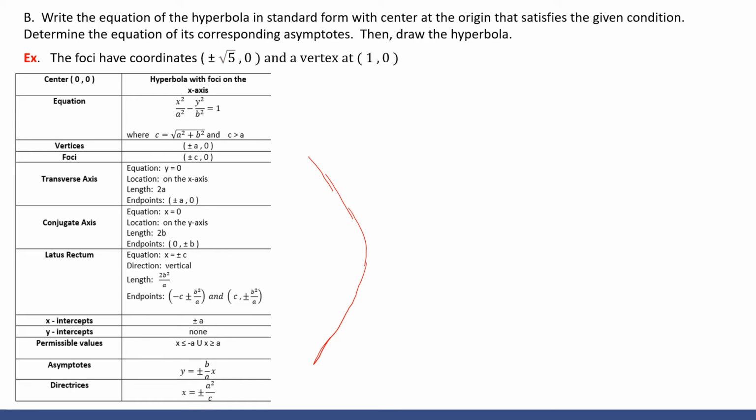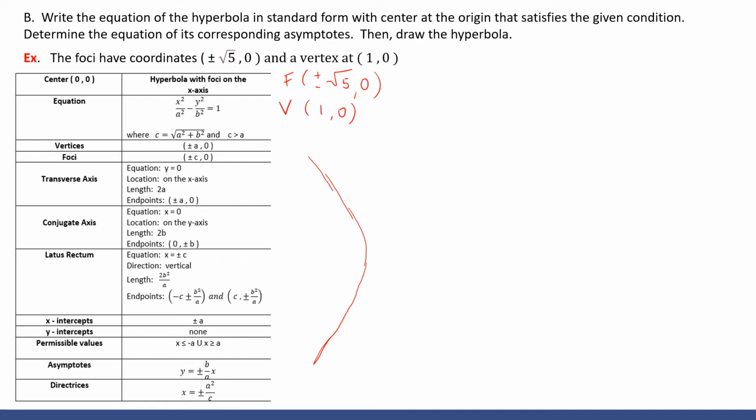If you are going to analyze, ang ibinigay dito ay foci, na kung saan ang foci daw ay plus minus the square root of 5 and then 0. So as one of the vertices, 1, 0.